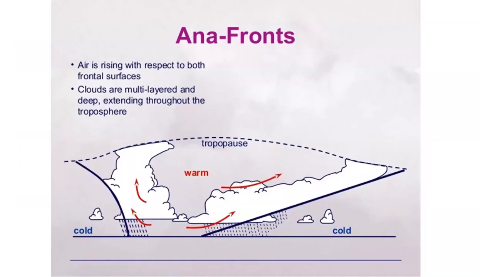So one reason for being in an active or non-active part of a weather front is actually how deep that low pressure is itself. Another one is anafronts, which are much more active, I guess, where air is able to rise to the full extent of the tropopause.